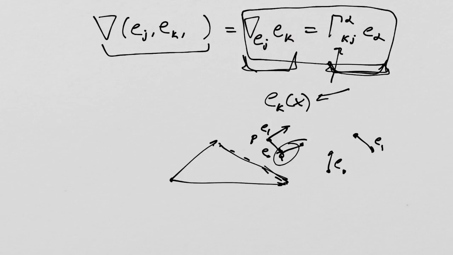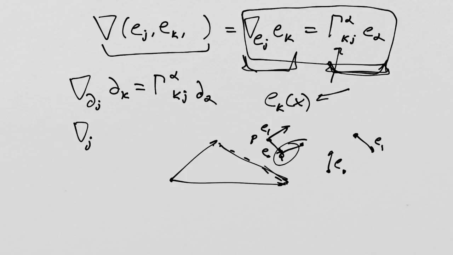So it'd be more apt for this to be del_j del_k equals gamma^alpha_kj del_alpha. In other words, you don't usually put the partial in the symbol for the covariant derivative.